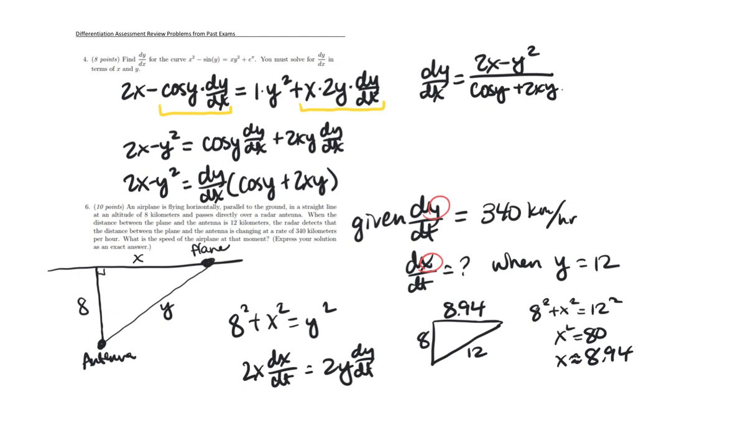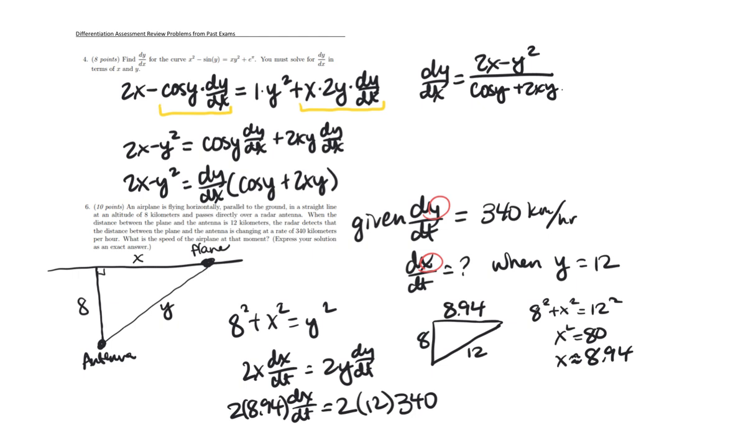So now I can plug all of those values in and solve for my dx dt. So I'll have 2 times 8.94 times dx dt equals 2 times y, which we're given as 12, times dy dt, which we're given as 340. So I can divide that over 2 times 12 times 340, and then I want to divide that by 2 times 8.94.